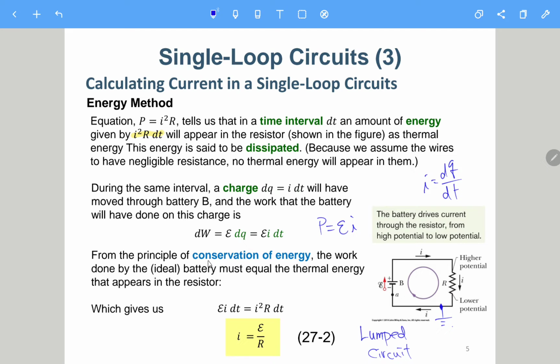From the principle of conservation of energy, the work done by the battery must be equal to the thermal energy that appears in the resistor. So this one equals this one. We have E I dt equals I squared R dt, and finally you come up with I equals E over R, which is nothing but Ohm's law.